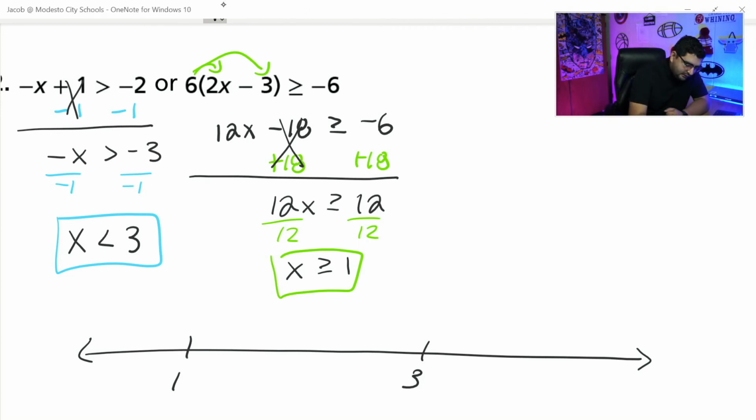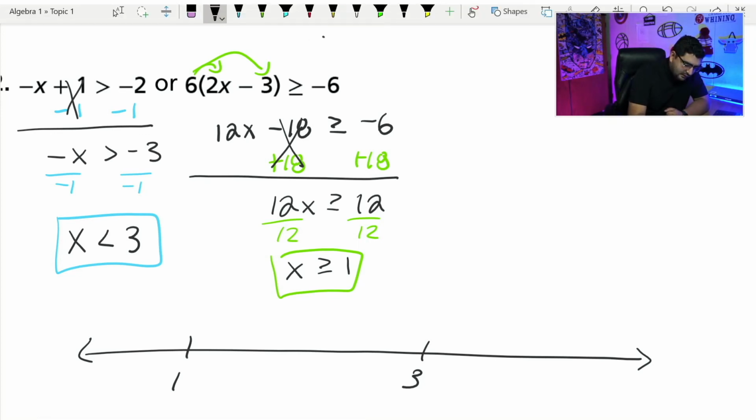So here I see x can be, it's going to be an open circle on 3, and x can be less than 3. It's going to be all these values that are less than 3. On the other end, I have 1. It's going to be a closed circle because x can also be equal to 1, and it's going to be all these values that are greater than 1.